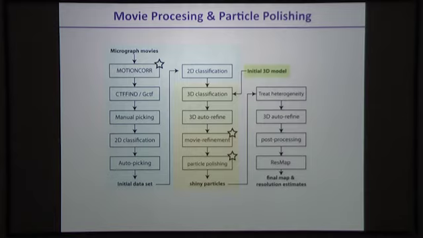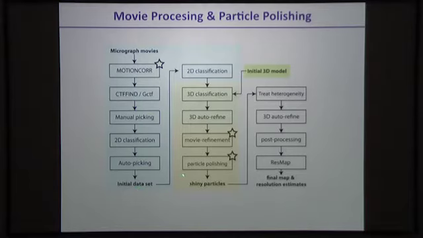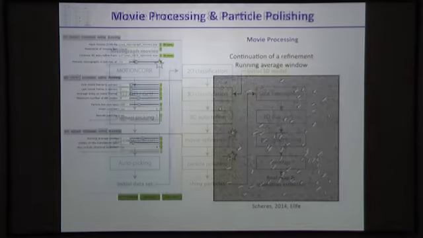Okay, so after we've done this initial refinement, we can now go and do movie refinement and particle polishing. Although we've already done movie motion correction with MotionCor or Ambler, and we've also corrected for radiation damage with dose weighting, doing this with Reliant will still improve the estimation of these effects.